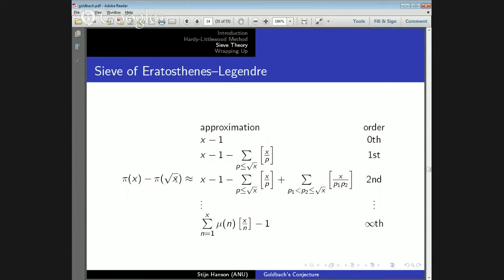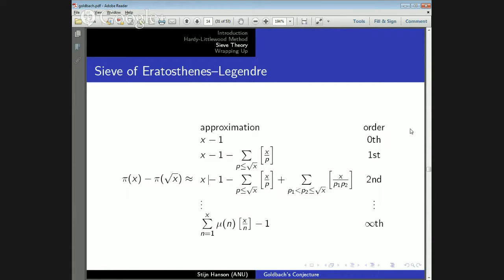But it's not all that efficient. I mean, mu of n is pretty badly behaved. It's pretty strongly conjectured to satisfy a randomness condition, which I don't know enough to actually go into, but it behaves pretty randomly. So it would be nice to actually get some other information out of this.